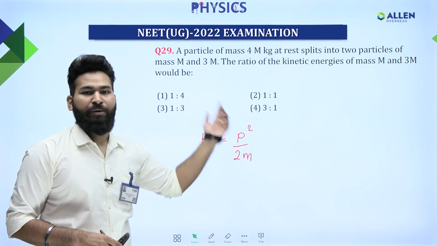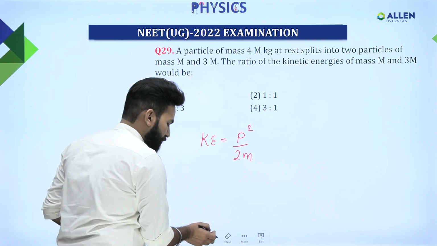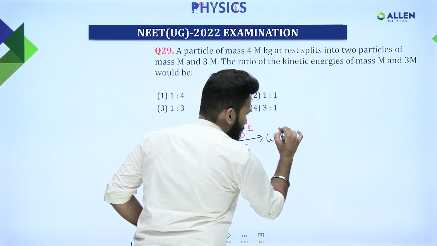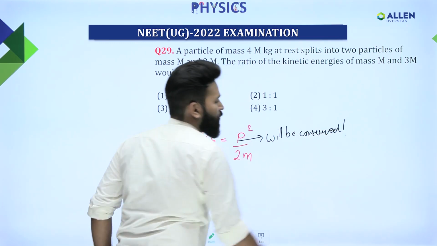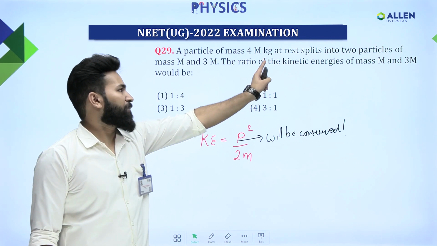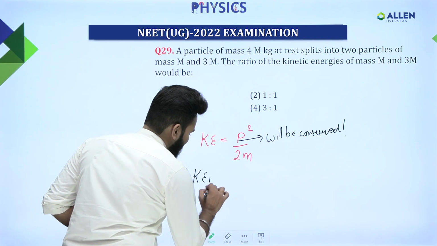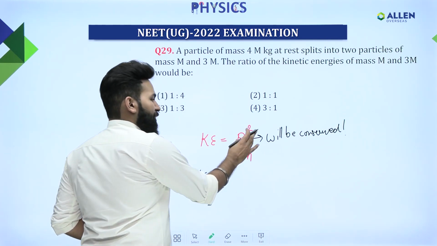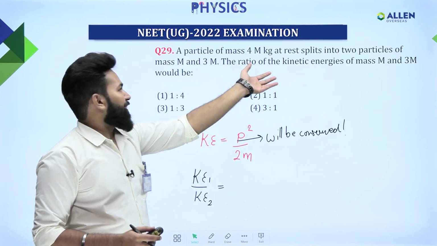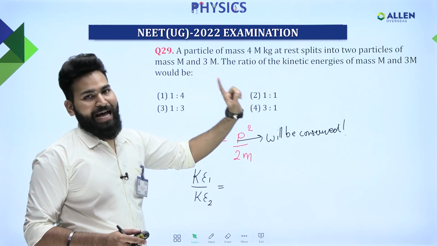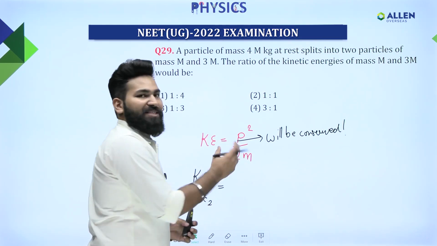This p is the momentum. And why are we using this relation, K equal to p square by 2m? Because this momentum will be conserved, since there is no external force acting when this 4m kg mass is splitting. So the ratio KE1 by KE2: this p will be the same for both objects, as the split particles of mass m and 3m will have the same momentum, and this 2 is also the same for both of them.